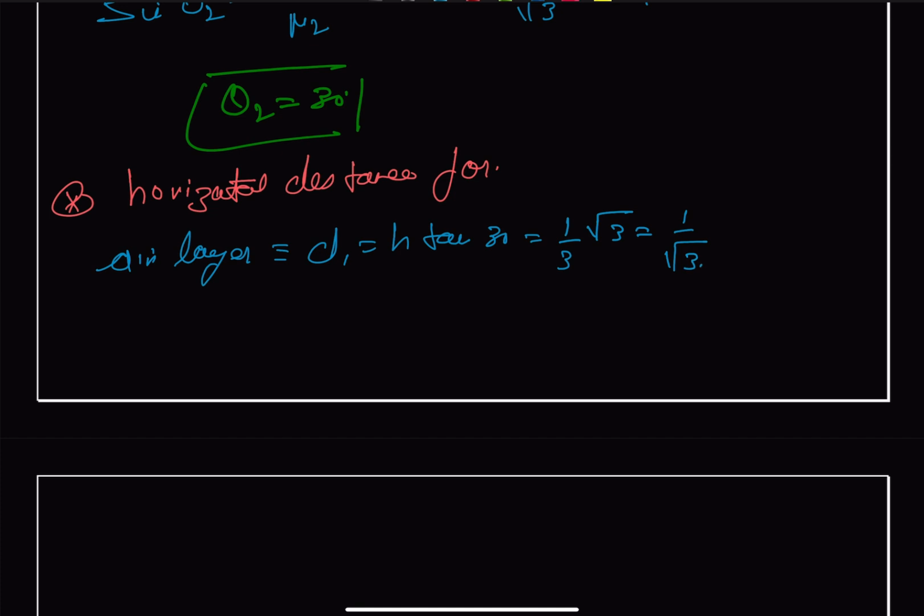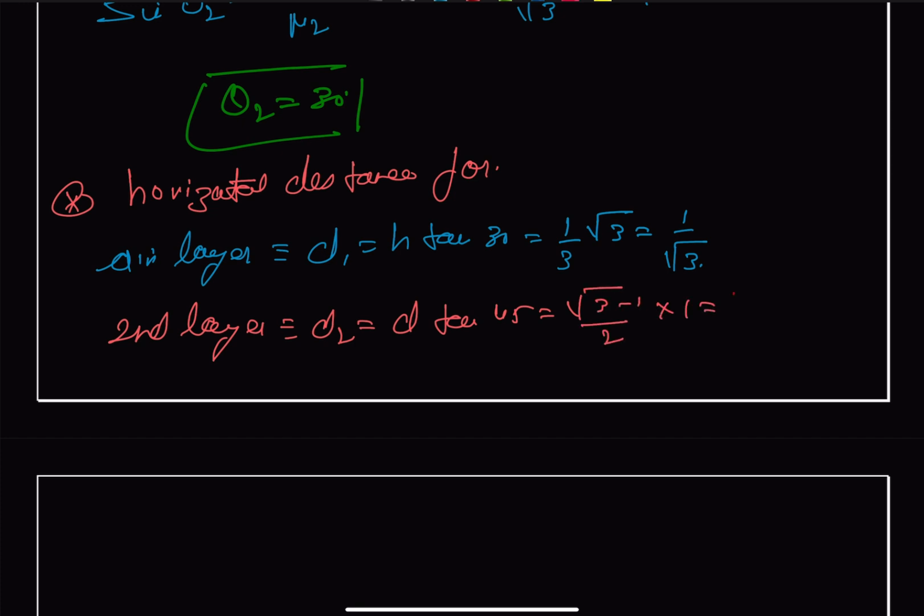Next is the second layer, that is d2. This will be d tangent of 45, and d is square root of 3 minus 1 divided by 2 multiplied by 1.